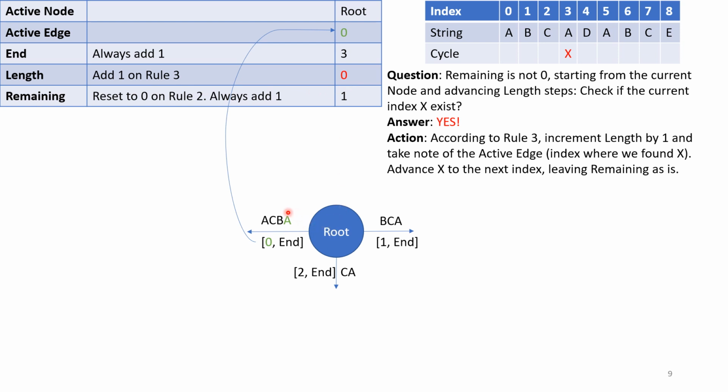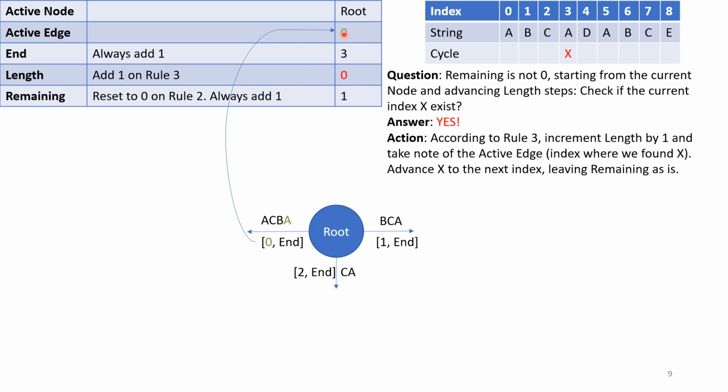Well, I do. Here it is. So the answer is yes, and now we're falling into rule number 3. Rule 3 is saying that we'll need to increment length by 1 and take note of the active edge. Since we found A on this direction, we can see that the edge is, if we take the 0, not the 2, not the 1, but the 0.